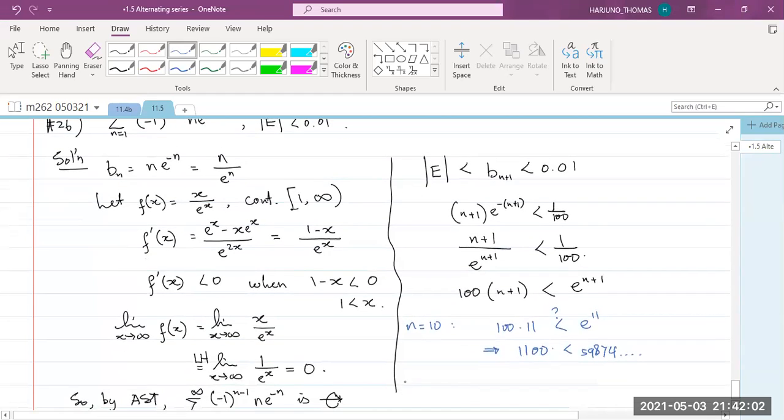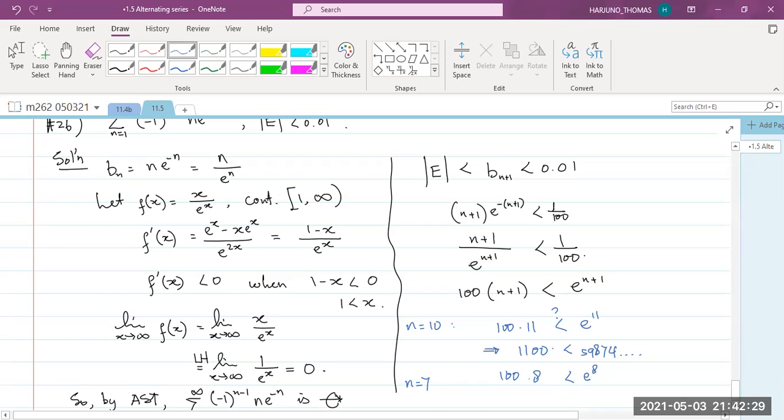Make it smaller. Let's say n equals 7. So 100 times 8 greater than e to the 8th. I think it is still true. In fact, e to the 8th is 2,800.